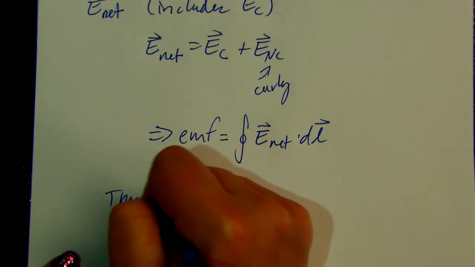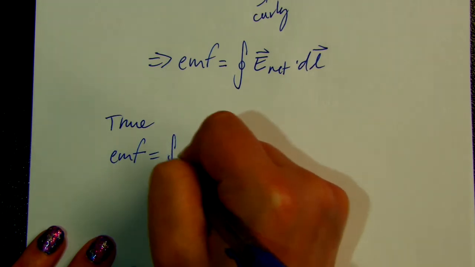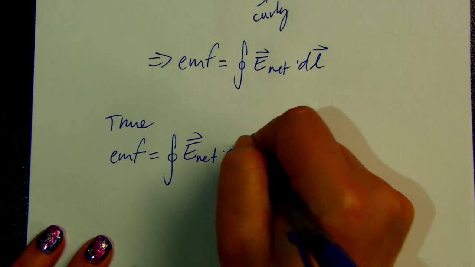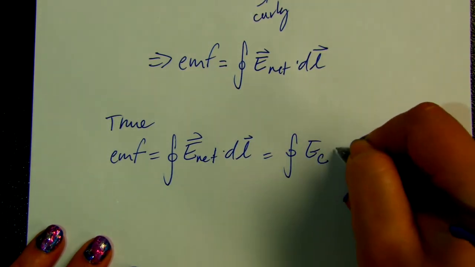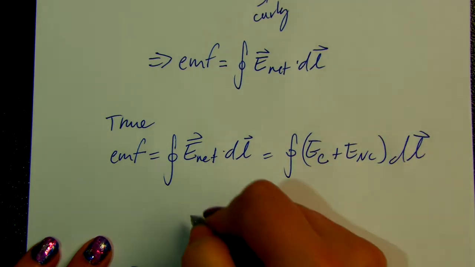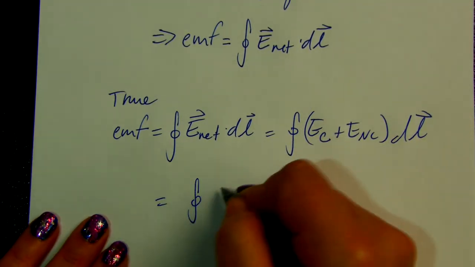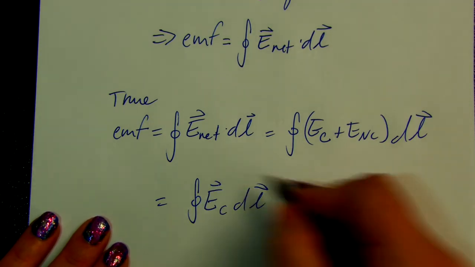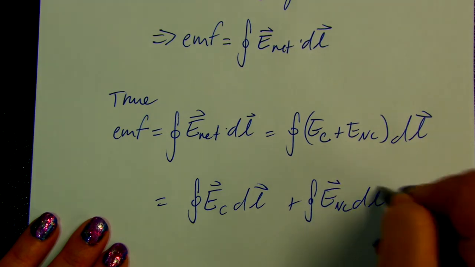But this is still true, because EMF is equal to the path integral of E net dot DL, which is equal to the path integral of EC plus ENC dot DL, which is equal to, we can split this integral apart into EC dot DL plus ENC dot DL.